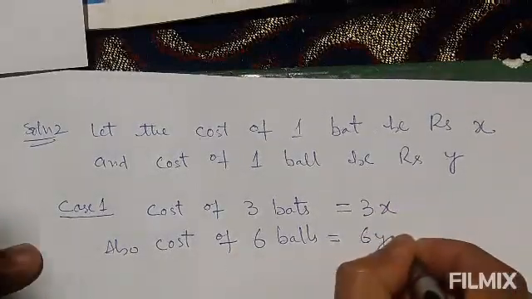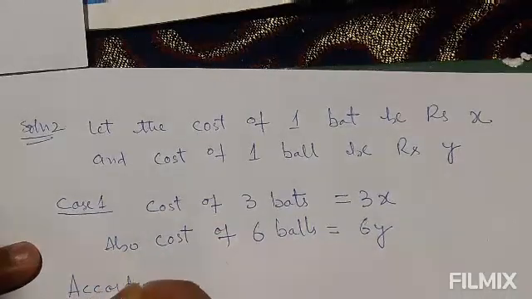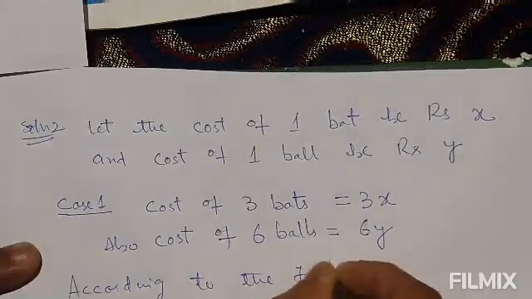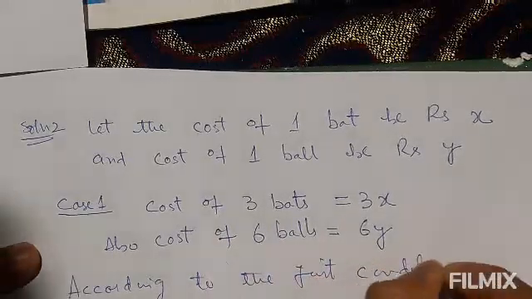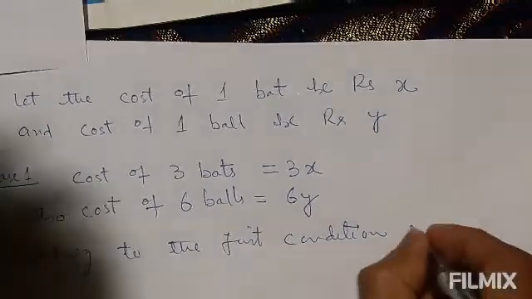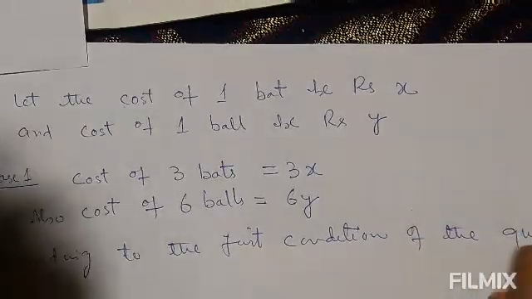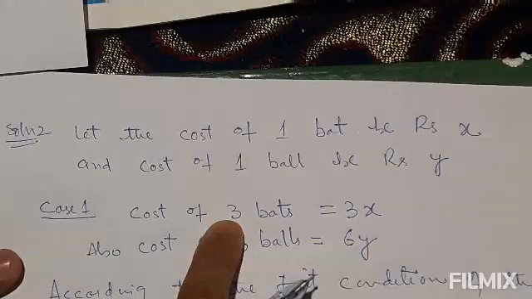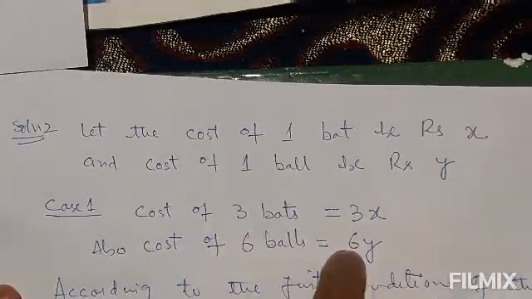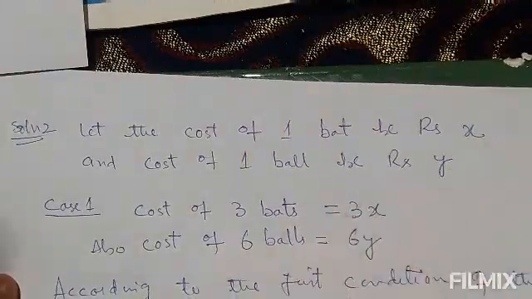Okay, according to the first condition of the question. What is the first condition? That the sum of 3 bats and 6 balls. Here we have 3x plus 6y, is how much? 3900.